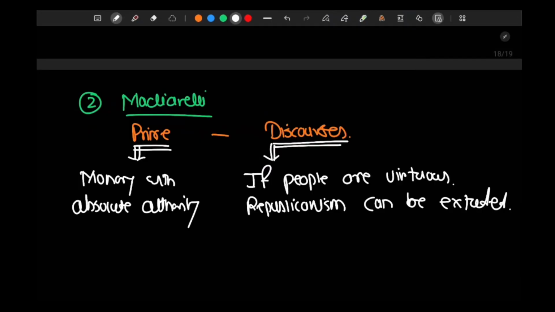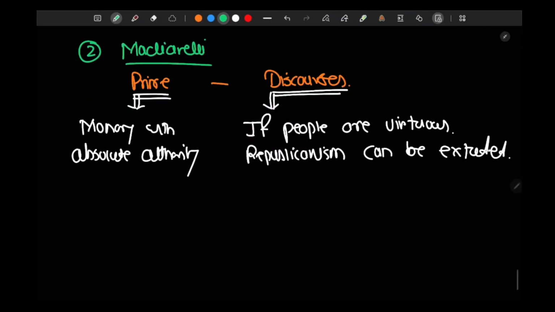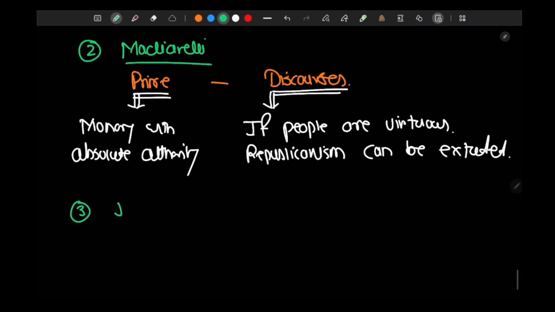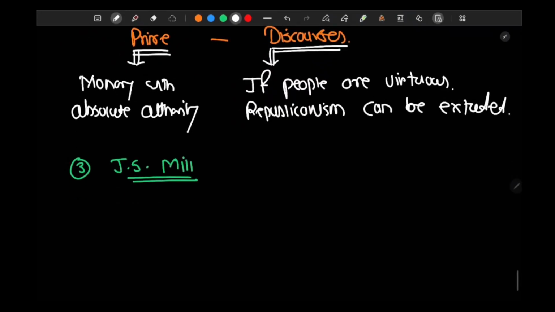Then there is Mill. Mill has also said that with respect to people, a certain kind of system should be there. J.S. Mill has a very famous quote whereby he says that for barbarians, monarchy is the best kind of system.